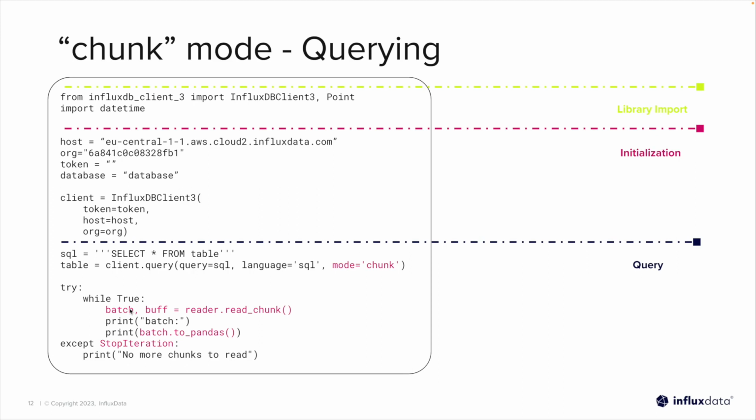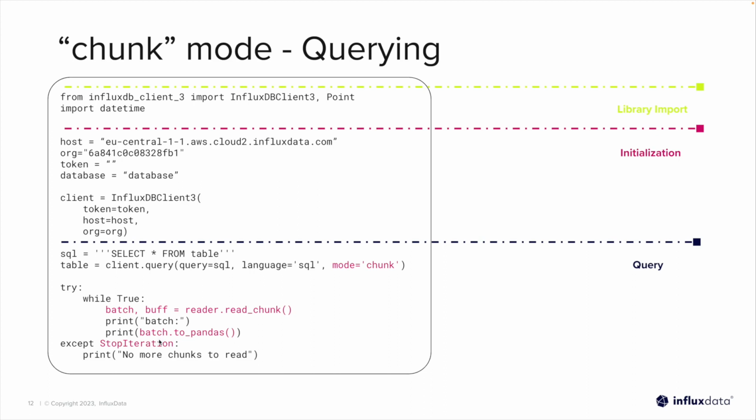So you could say, okay, give me the next 10,000 rows of that data, and you'll iterate through until you've completed your query. There's not much change to the code. You're simply establishing your mode as chunk. The biggest catch here is that you need to provide this batch buffer, and then essentially you're asking the reader to provide the next readable chunk to you.